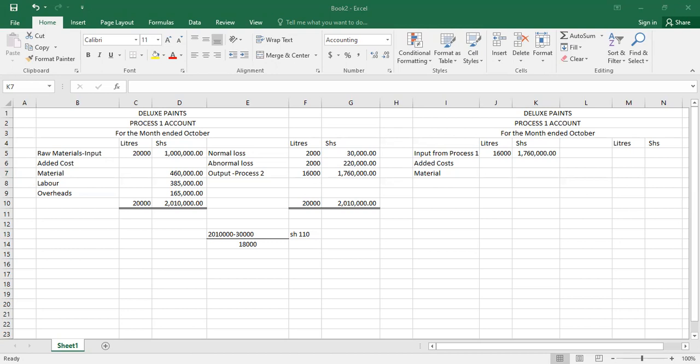Can you see the process? We have process 1 and process 2. 368.5. So that is 368,500. We've been told the material is in thousands of shillings. Yes. So 368,500.